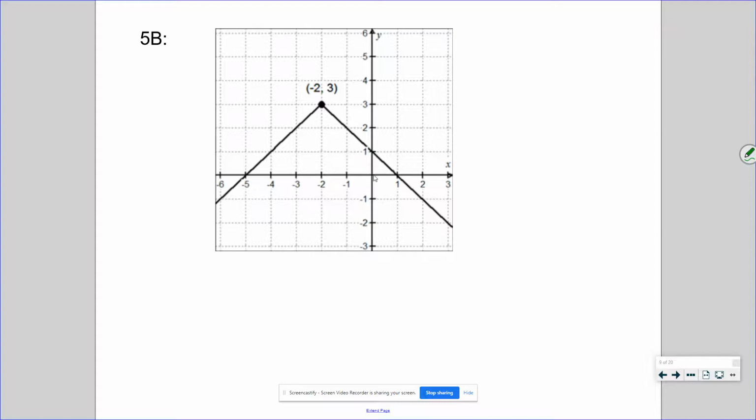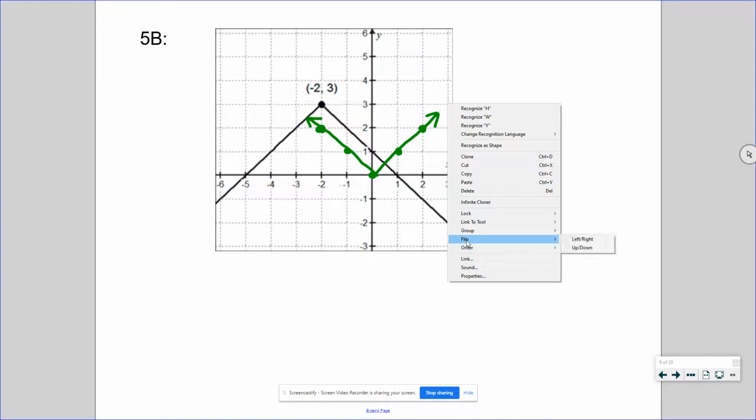This one is the same thing, but this one obviously has been flipped, reflected. So we get the parent function on here. And then I'm going to kind of play around with this. So here's my parent function.